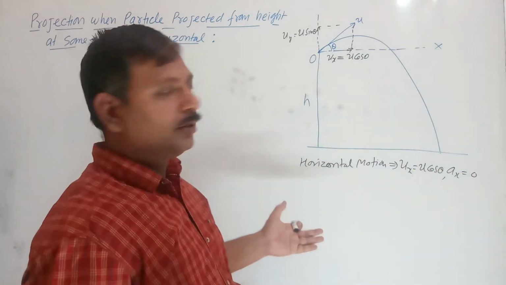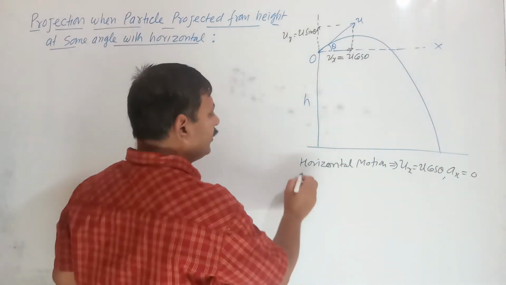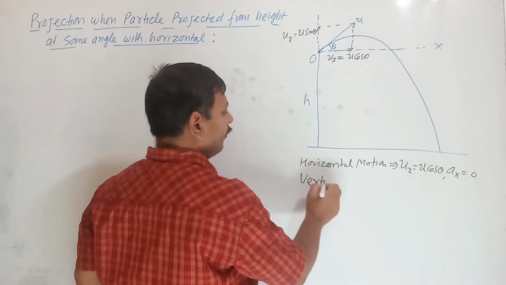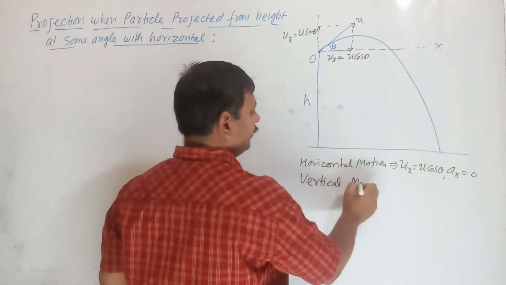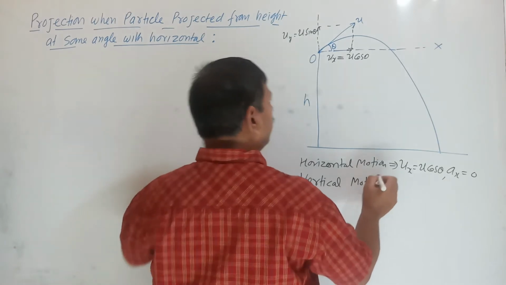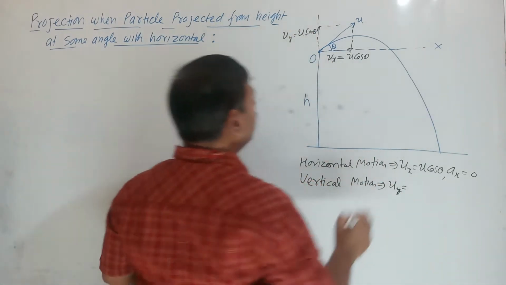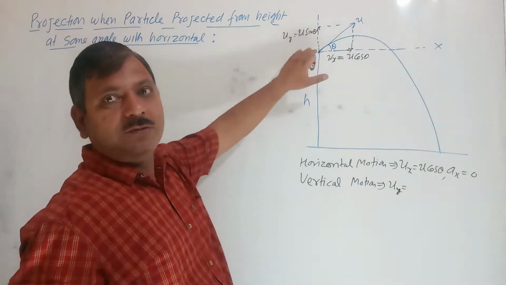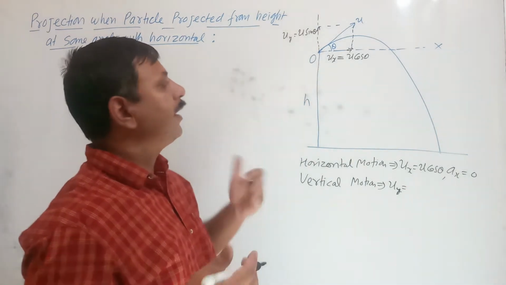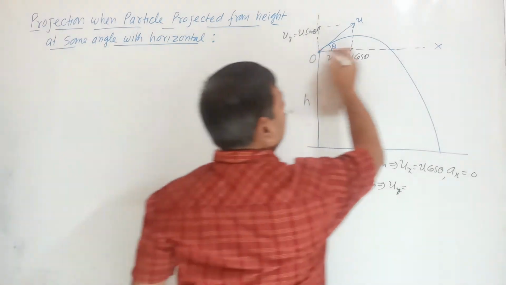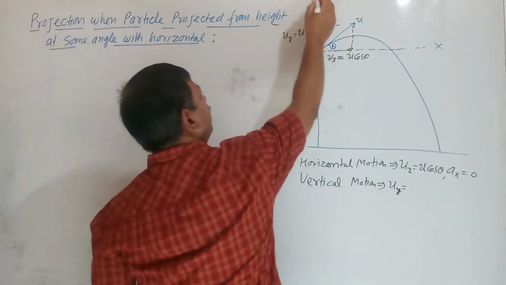When we talk about vertical motion, for the initial velocity, see here, in this figure I have taken O as the origin. This is the x-axis, this is the y-axis.